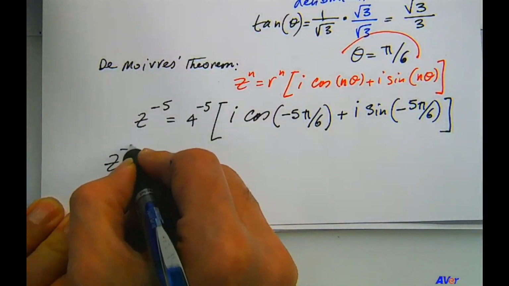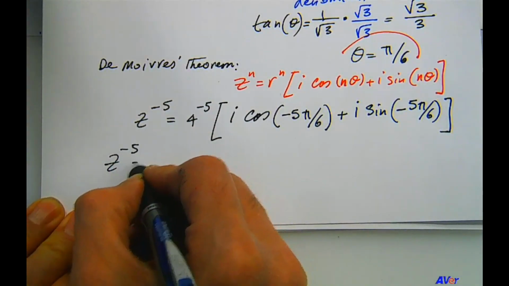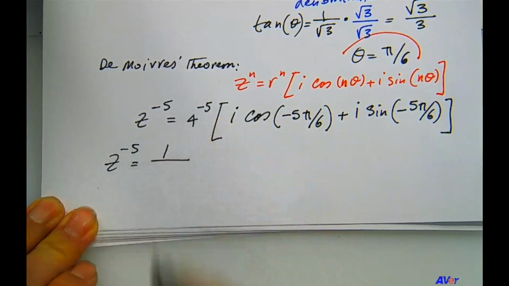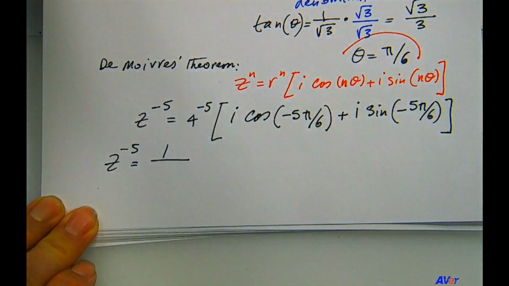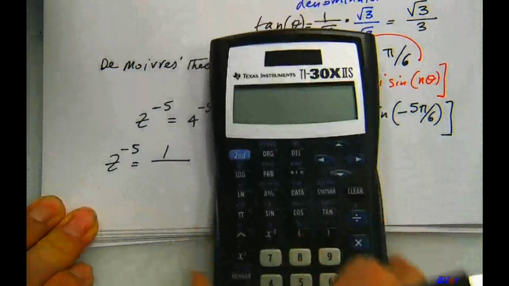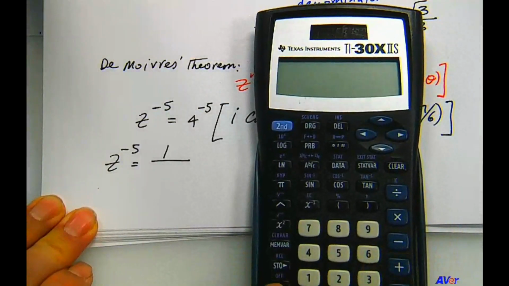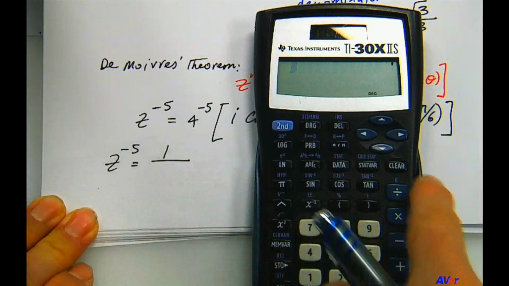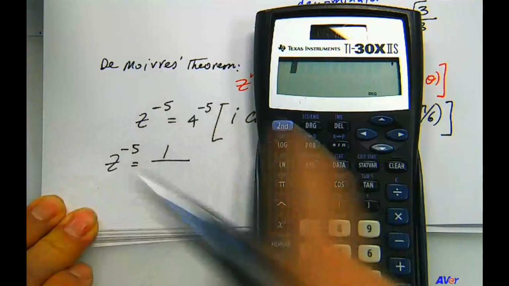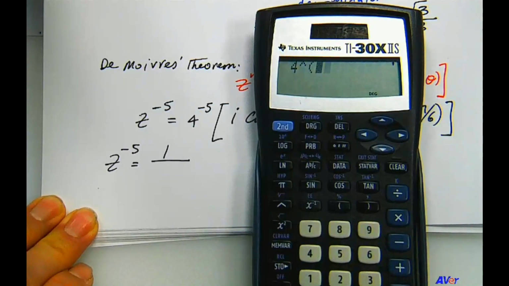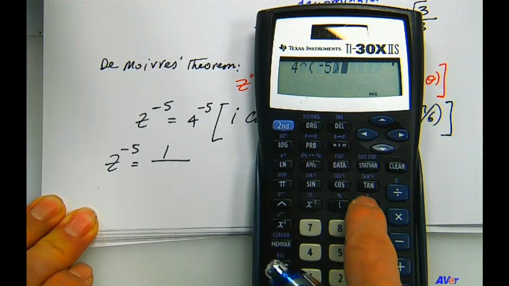Z to the -5 power is equal to 4 to the -5 power. I'm going to use the caret key there.